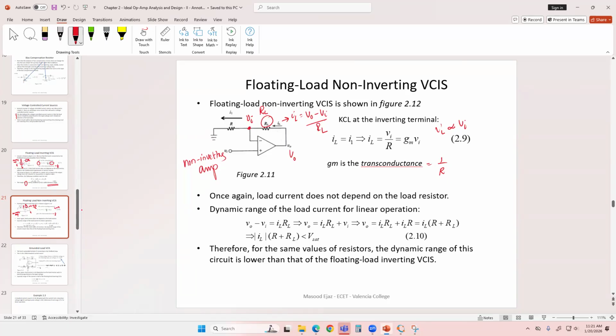Which means that to find the dynamic range of the current, the absolute value of IL times (R plus RL) must be less than the peak value, or the maximum value at which the output will saturate, V saturation. So this value must be less than V saturation in order for the circuit to operate as a linear floating load non-inverting current source.